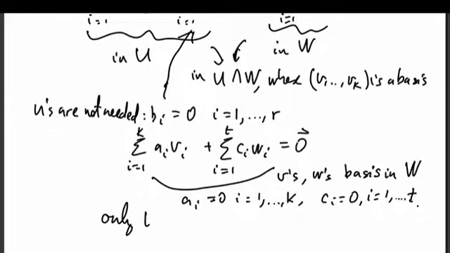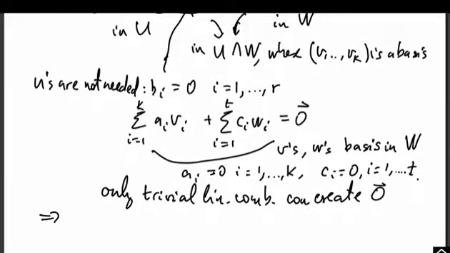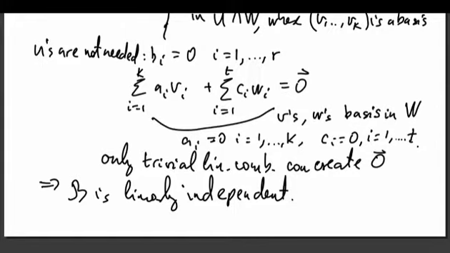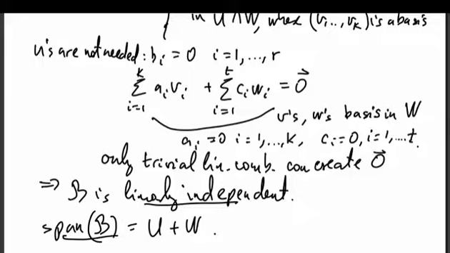So if only the trivial linear combination can create the zero vector, that means that B is linearly independent. We also have that the span of B equals the set U plus W, and it's linearly independent, and it's a spanning list. So that means that B is a basis in U plus W.